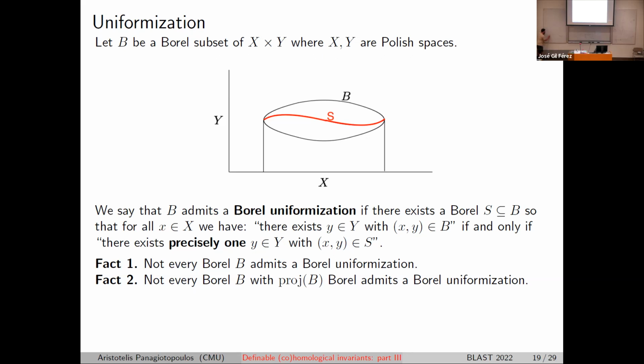You can find two sets, C0, C1, which are what we call co-analytic. These are complements of analytic sets, so complements of projections of Borel sets, and they are disjoint, and they cannot be separated by any Borel set. Separating means finding something that's Borel and contains one, but is disjoint from the other. You cannot find a Borel separator.